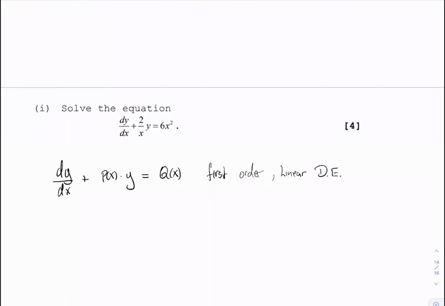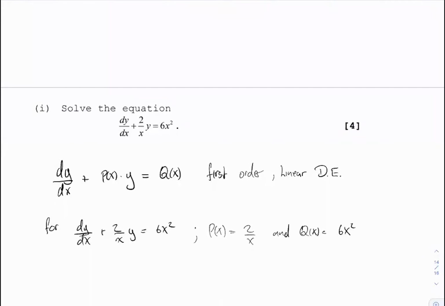So here we recognize that for dy/dx plus 2 over x y equals 6x squared, p(x) is equal to 2 divided by x, and q(x) is equal to 6x squared. So once you can identify what is p(x) and q(x), you can conclude that this differential equation is indeed a first order linear.